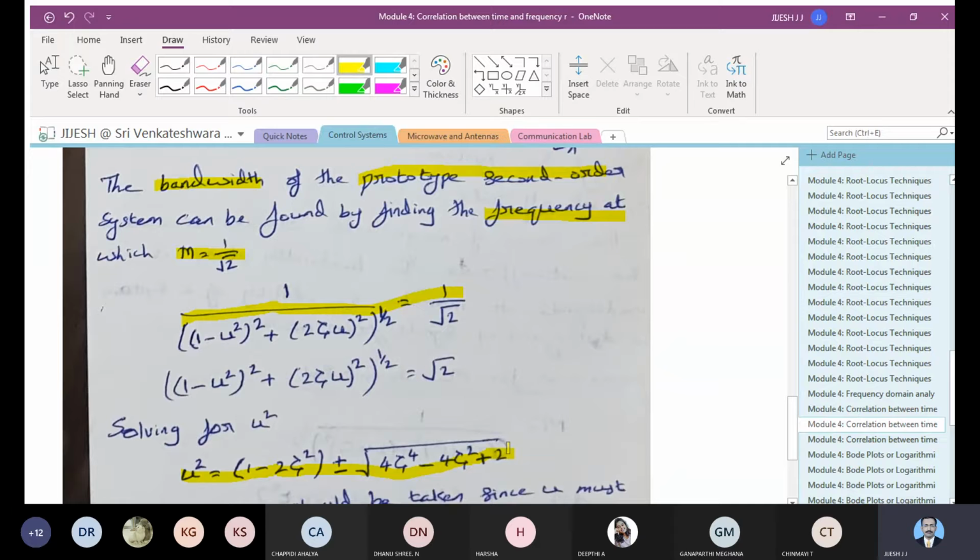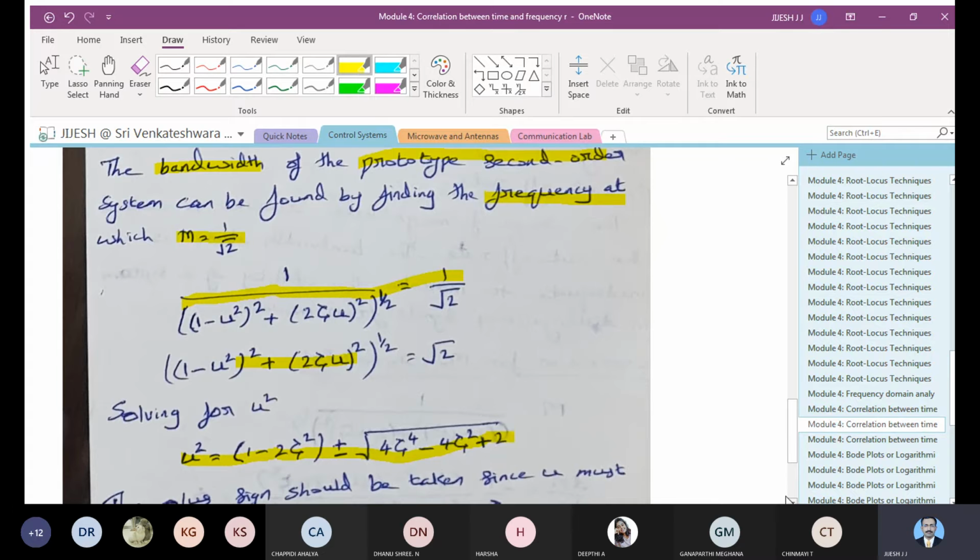So when you do the solution for u square, you will get this answer.